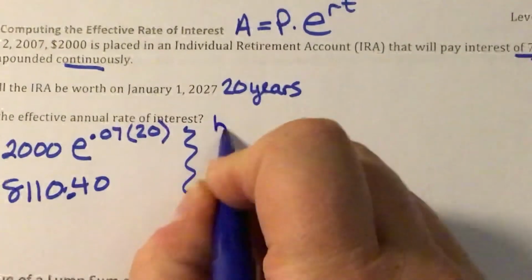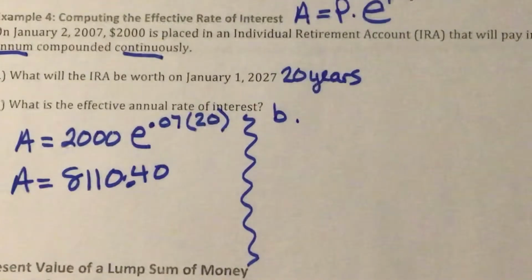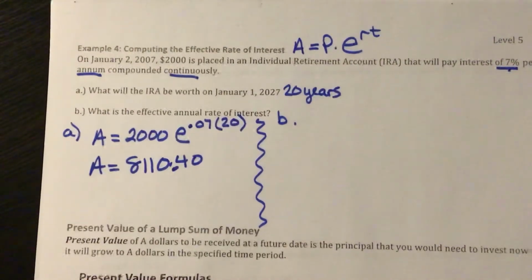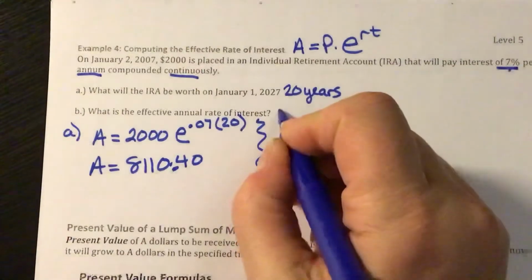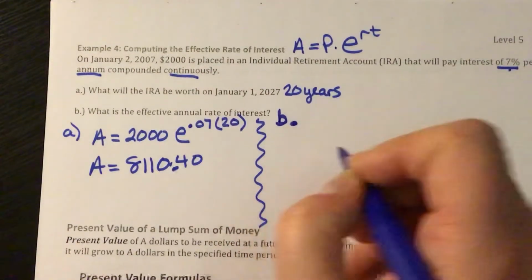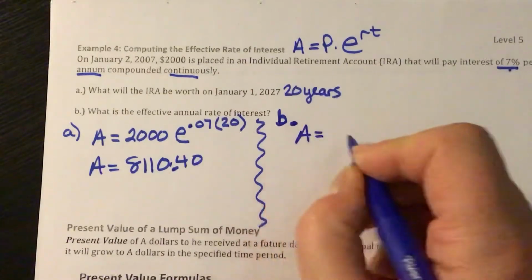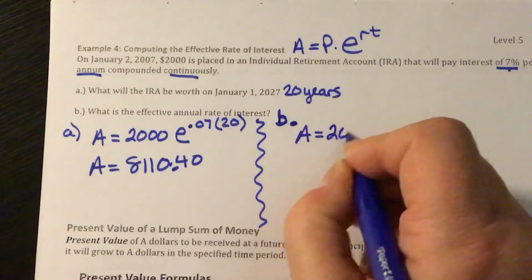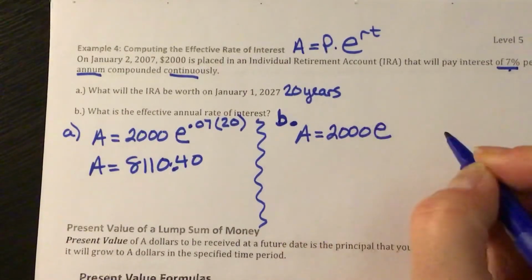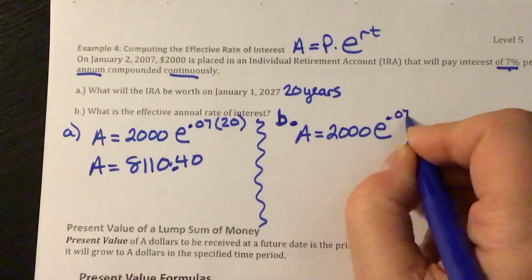So part B is asking us the effective annual rate of interest. All right, so if I'm compounding continuously, I want to find out how much interest that'd be. So the amount in my account, if I'm compounding continuously, would be $2,000 times E to the R, which is 0.07.